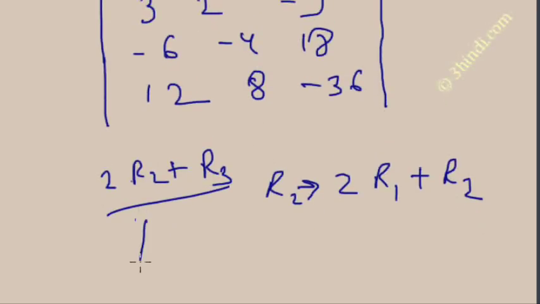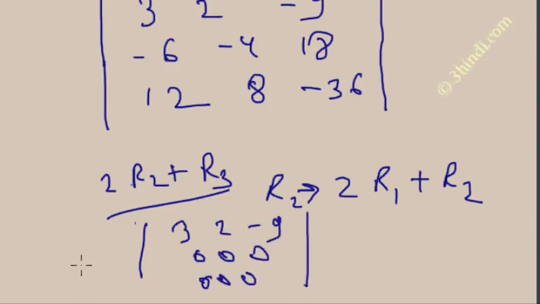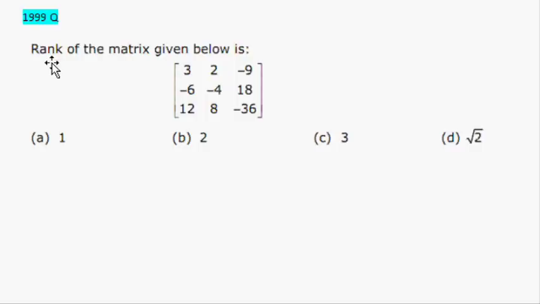You can write it as 3, 2, minus 9, and then 0 0 0, 0 0 0. Here you see two rows are 0, so the rank is equal to 1. So the rank of the matrix is 1, option A.